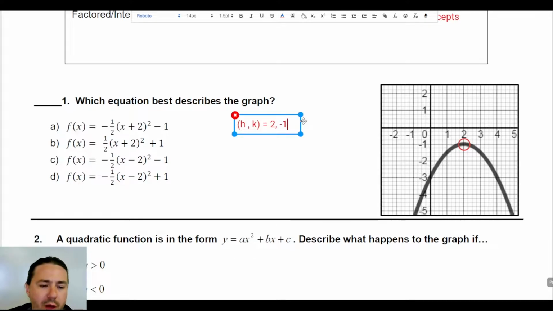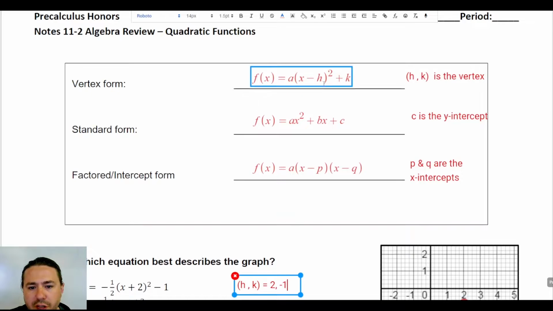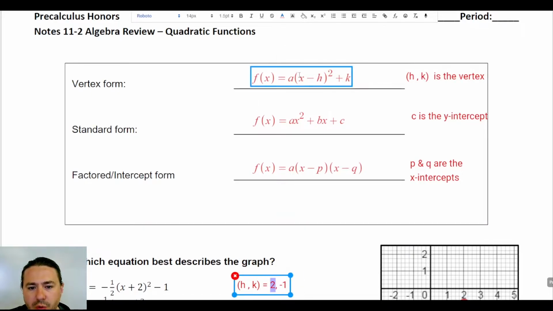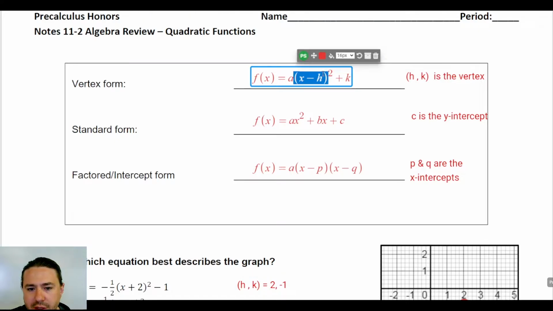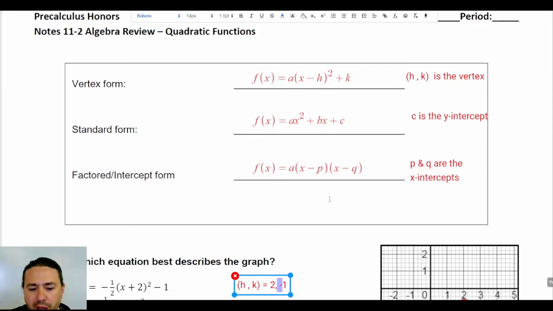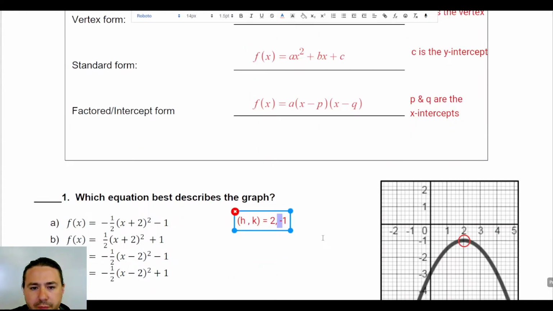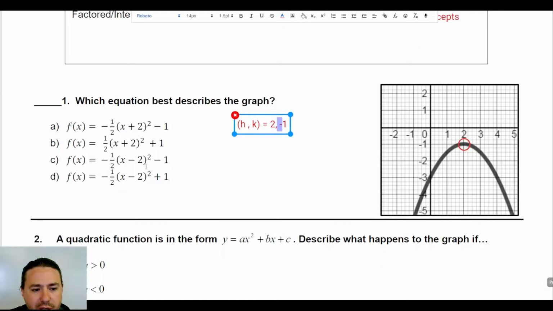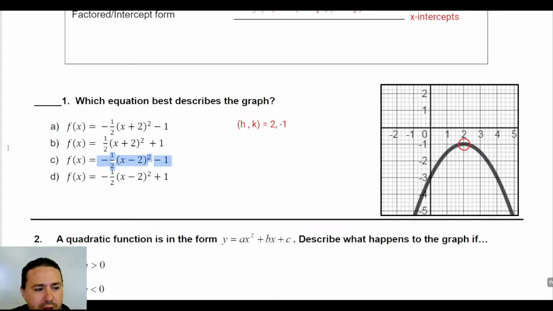If we think about how these equations are written in vertex form, with h being 2, we would be looking for an x minus 2. And then with k being negative 1, we would be looking for a plus negative 1, or just minus 1. So the combination we need here is minus 2, minus 1, which is right here.